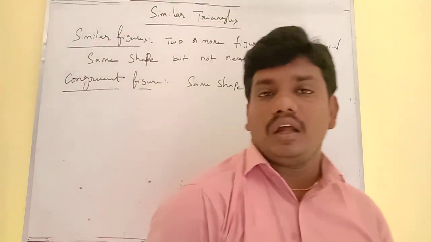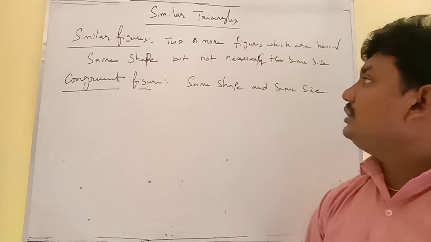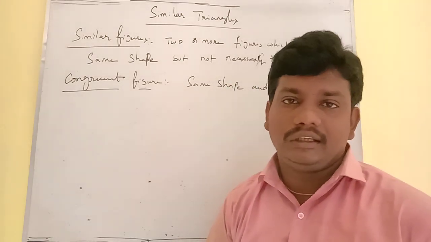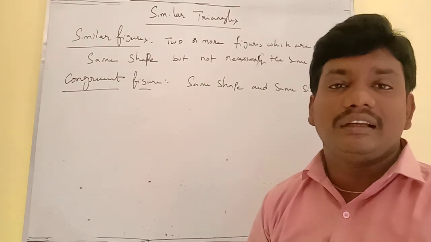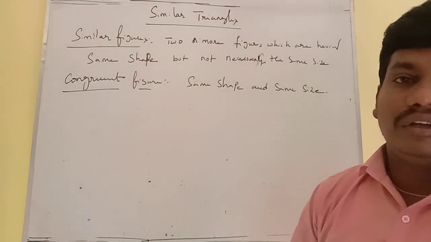Whereas coming to similar polygons, that means two or more polygons having the same shape but not necessarily the same size. That means here shape indicates the similar figures and size indicates the congruent figures.